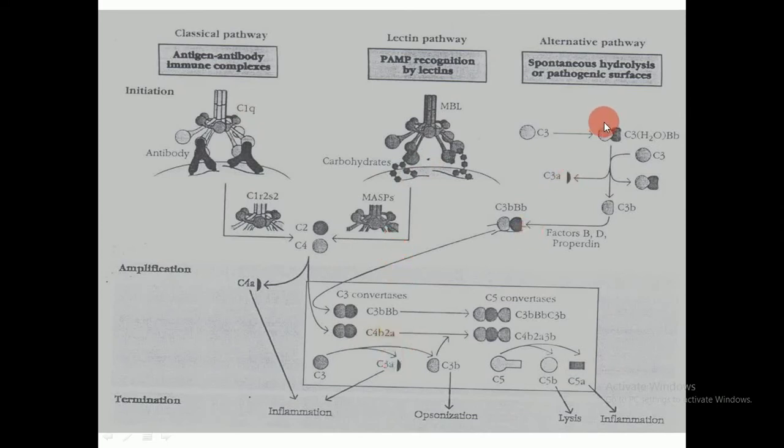And the alternative, which is the spontaneous hydrolysis or pathogenic surfaces, which is C3 in fluid phase, and then binds with factor B, and then continues to C5 convertase and ends with cell lysis.